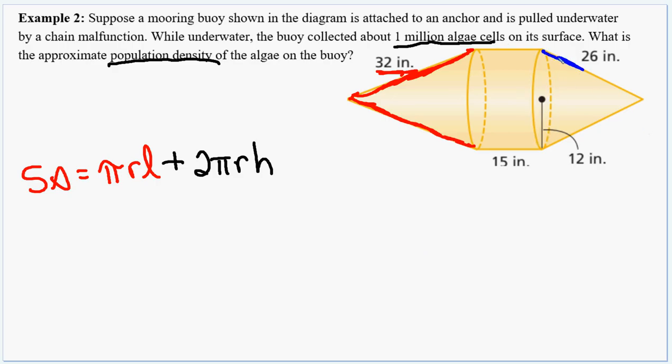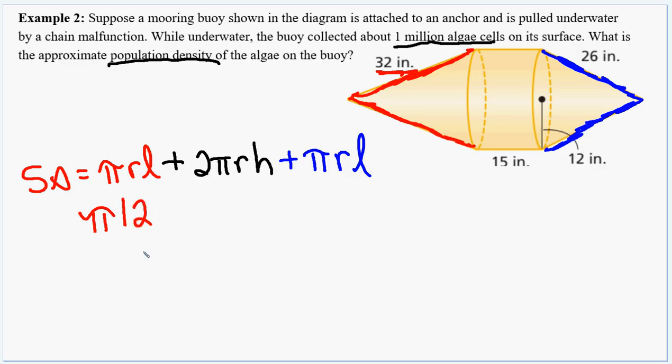And I'm going to switch to blue ink. The other side of the buoy here is another cone. Base of the cone is part of the cylinder, so we don't have to count it. So this is going to be another pi times r times L. All right, let's start plugging in our numbers. Here in the red area, I've got pi. The radius is the same radius as the cylinder, 12. And we're going to multiply that by the L for the red part, 32.